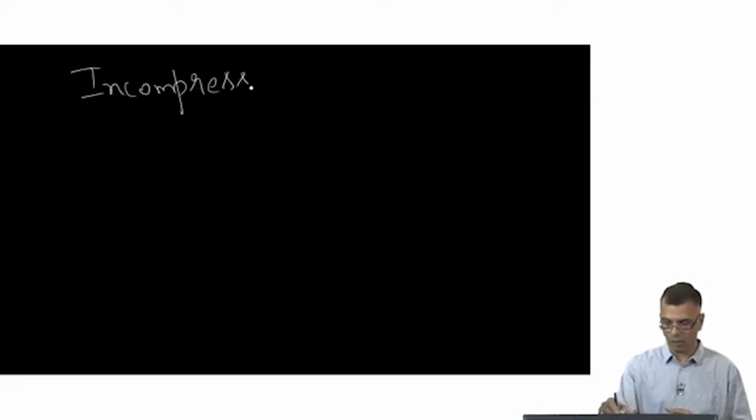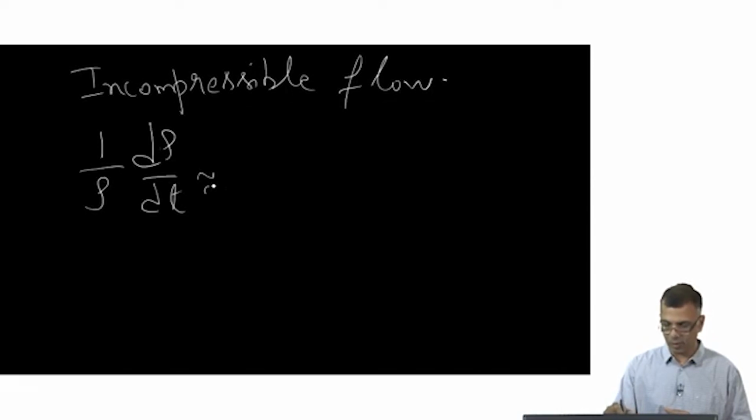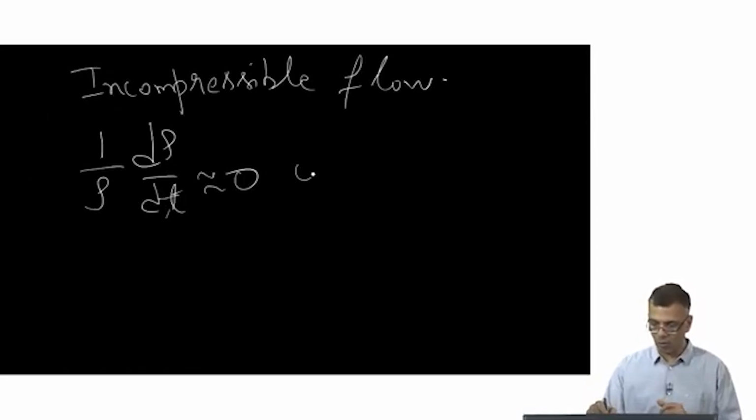An incompressible flow is one where the derivative of density following the fluid parcel is equal to 0. In other words, the changes in density as discerned by a Lagrangian observer are 0.